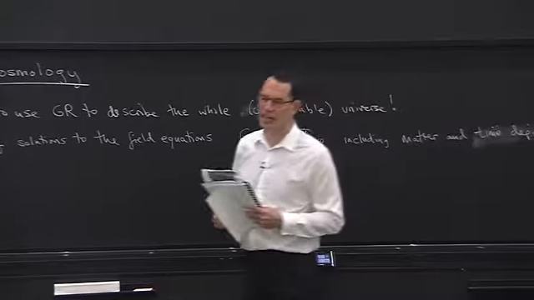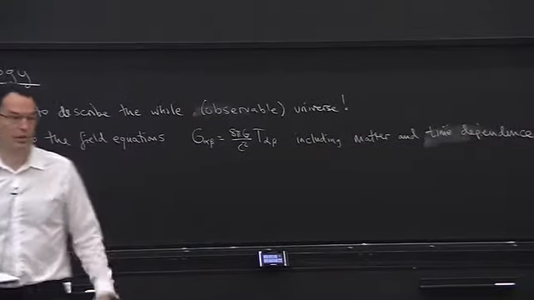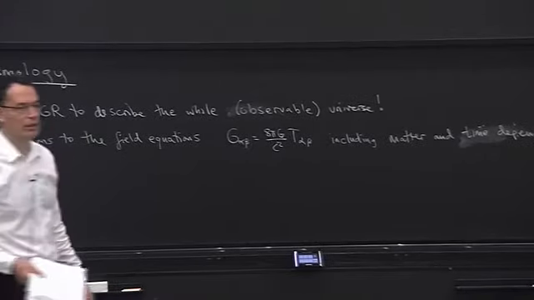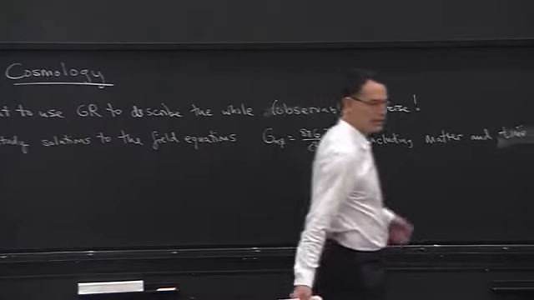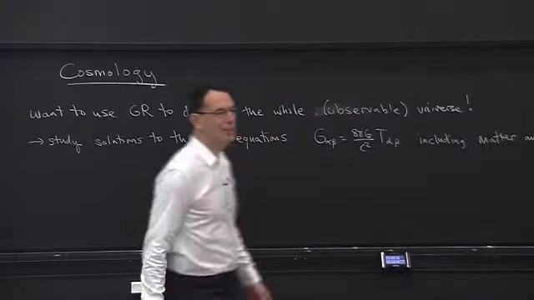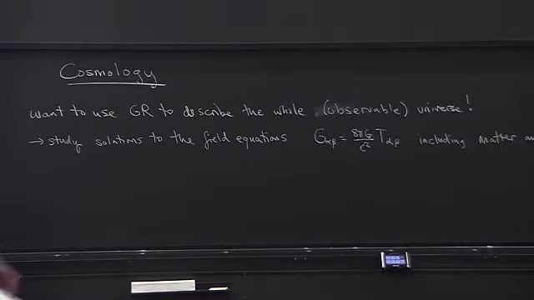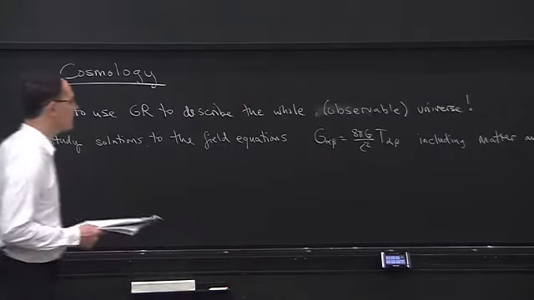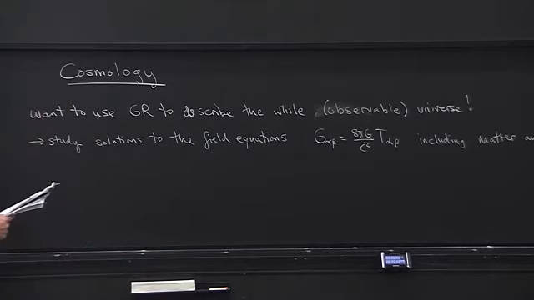Okay, so initially Einstein actually looked for static solutions because he didn't imagine that the whole universe was changing. That seemed a crazy idea. So he tried to look for static solutions. There are special cases of time-dependent solutions which happen to be stationary. But we're going to include time dependence, and then we'll see how the static solutions are just special cases.